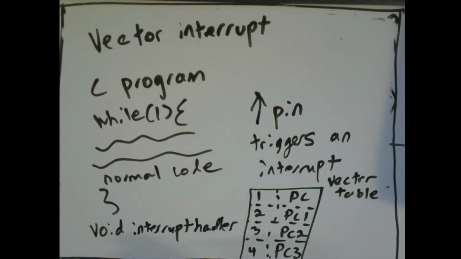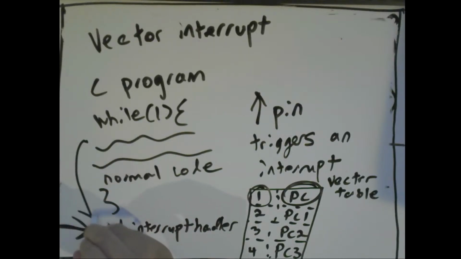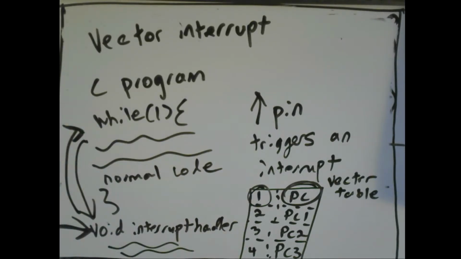And what this does is whenever an interrupt is triggered, it looks up, hey, interrupt 1 happened. I look at the value of this program counter, and this program counter will point to a certain interrupt handler. So whatever the CPU is doing right here, it's going to jump over to this and run whatever code's here, and whenever that code's done, it's going to jump back here. So that's what a vectored interrupt does.